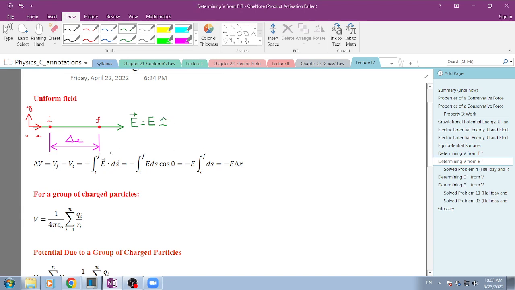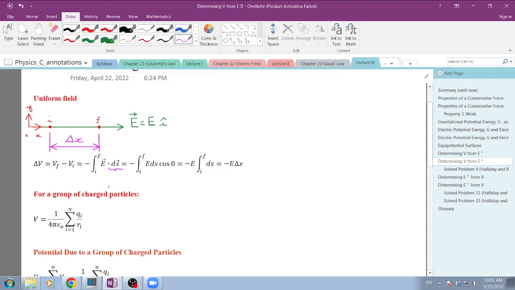I put that delta x here because it's the notation that you have in your book. But if you want to write this vector here, this is also this ds that I put in pink.